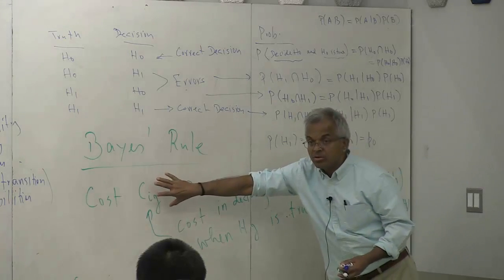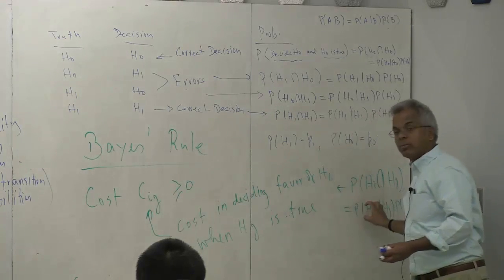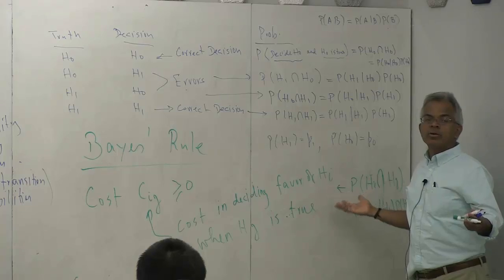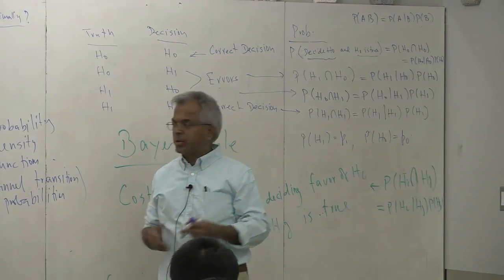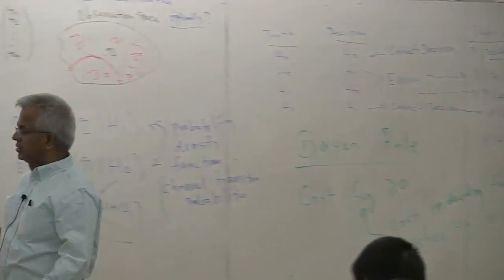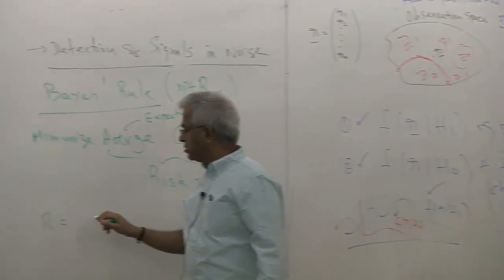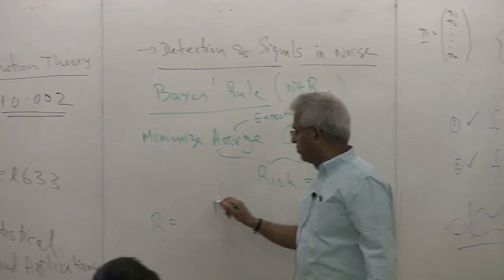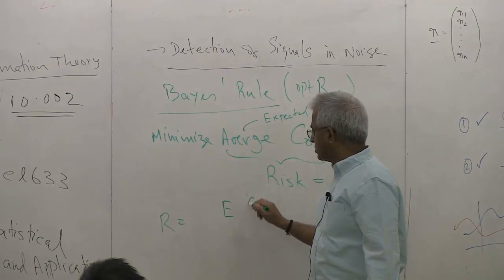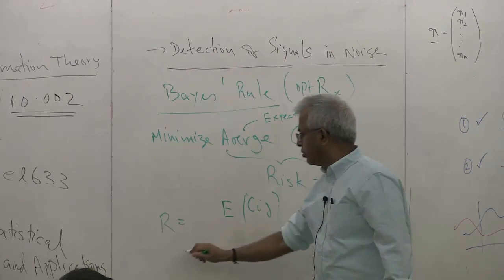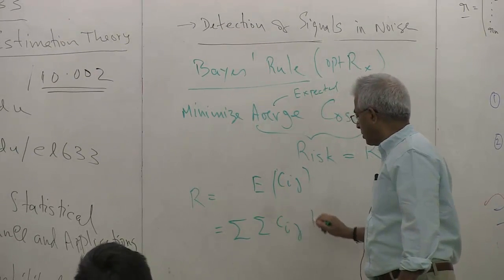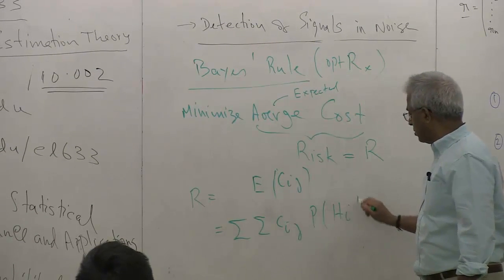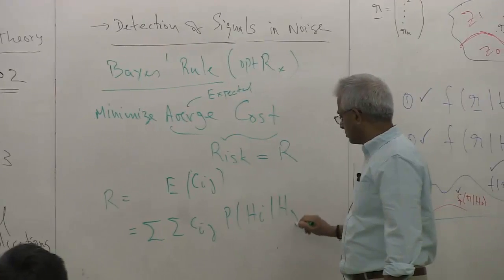So this is the cost, this is the probability, and we sum over all the i's and j's. That will be the averaging, that's the expected value. You can write it like this if you want: this is the expected value of Cij, so that's going to be a double summation of Cij times P(Hi given Hj) multiplied by P(Hj).